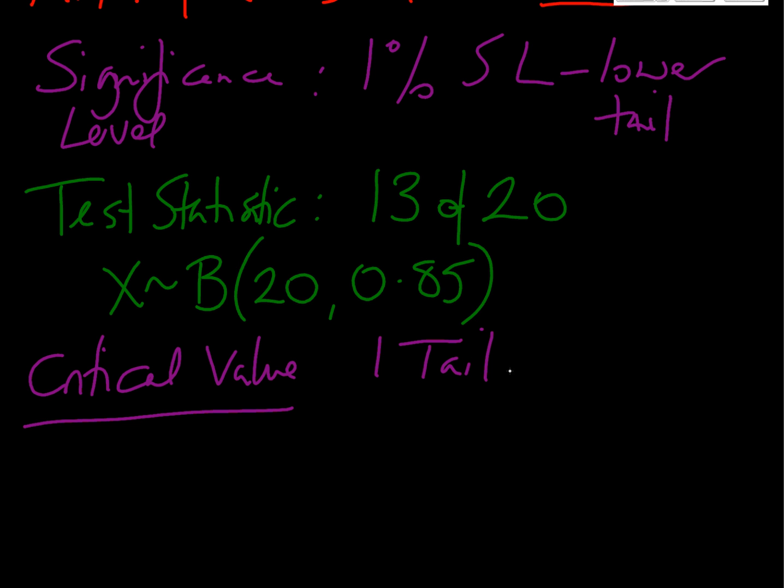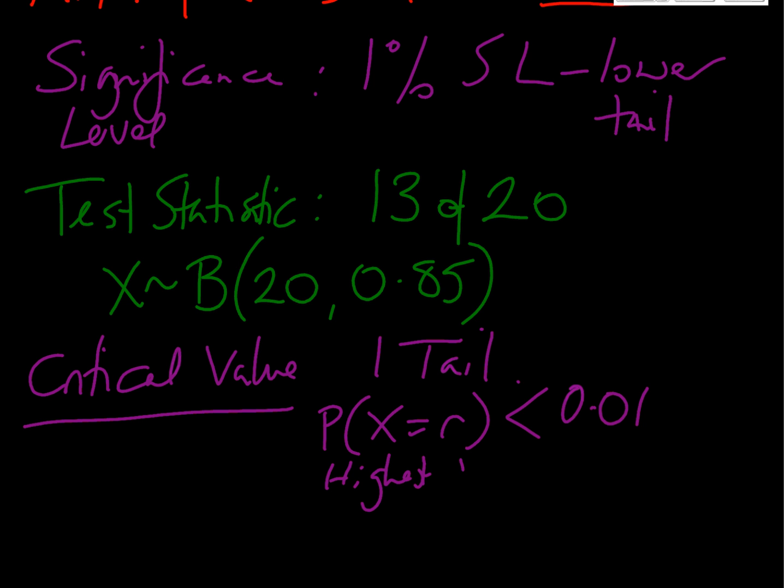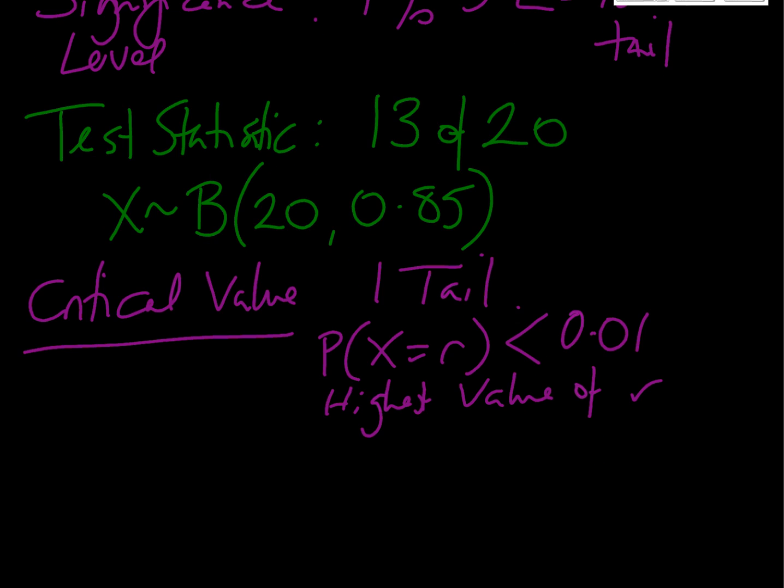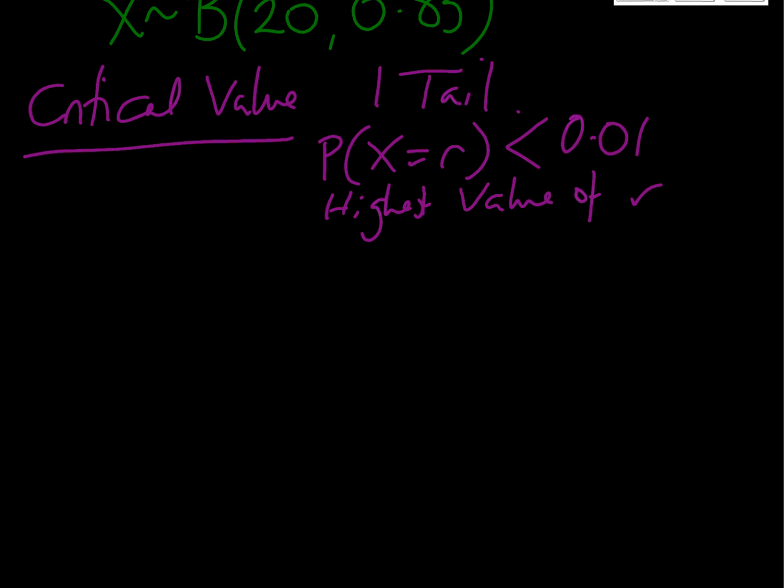What we're interested in is the value of r such that P(X ≤ r) is less than our significance level, which was 1%, so 0.01, but it's got to be our highest value of r.